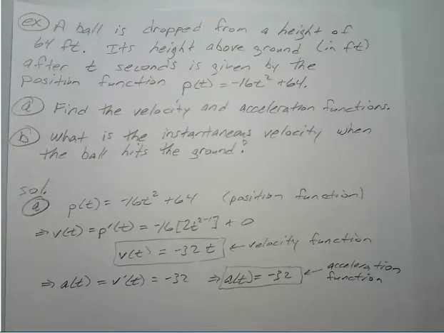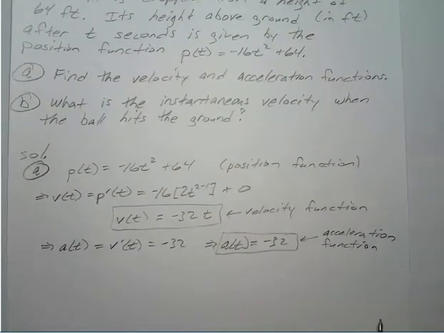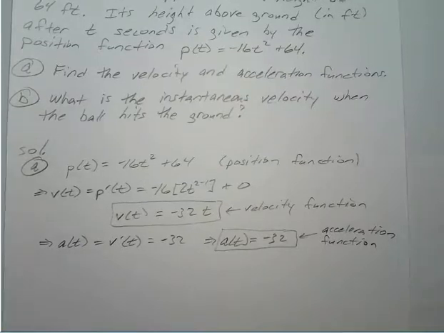Alright, so now go ahead and solve for B. What's the instantaneous velocity when the ball hits the ground? Okay, so we know that when the ball hits the ground, what does that tell us? That the height is 0.